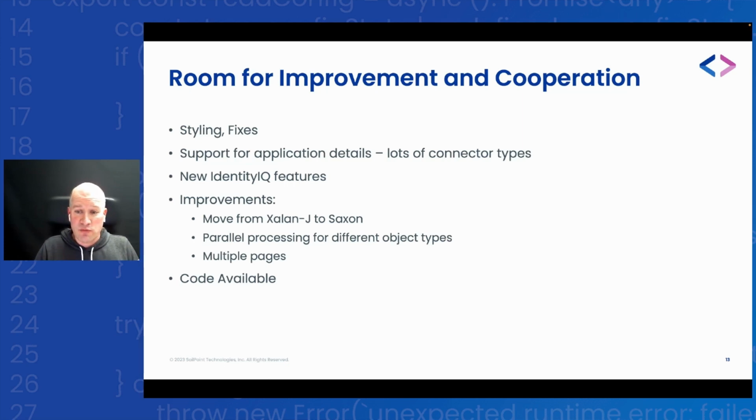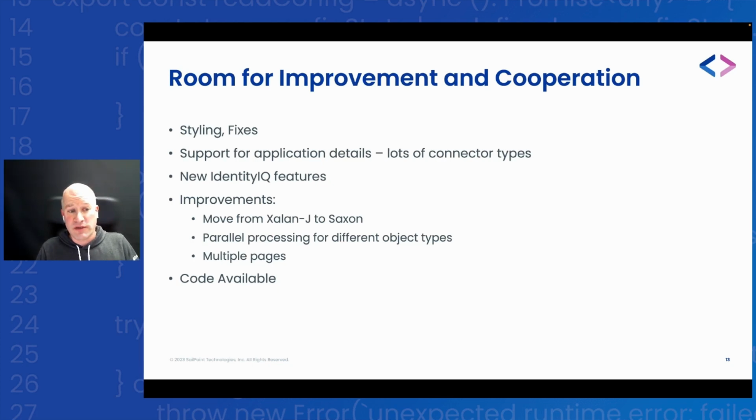We would have to extend the list of applications that we support. There are lots of connector types, and currently only a handful of connector types are supported for their full configuration. We may also need to document new IdentityIQ features. IdentityIQ itself is evolving. We add new features to the product, so that may also be added to this documentation tool.